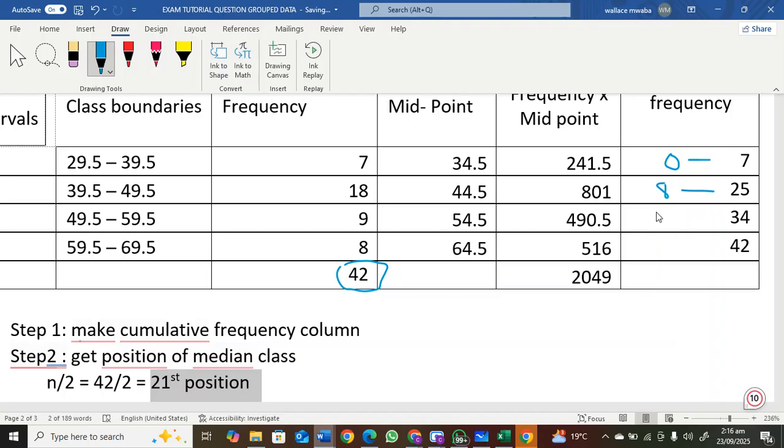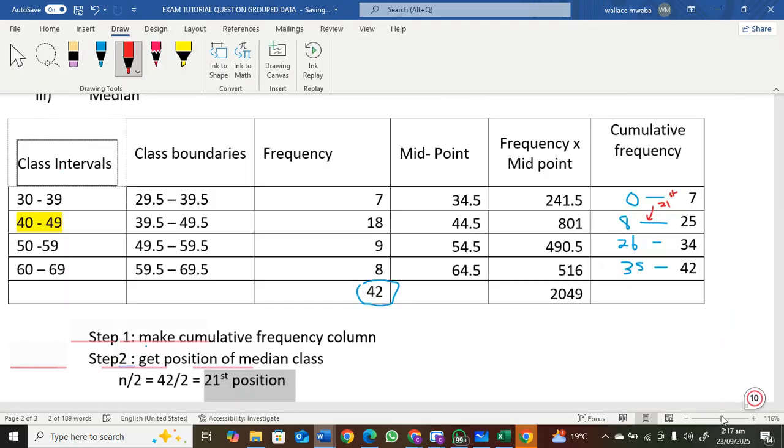Then our next class is from the 26th position to the 34th position. The next class is from the 35th position to the 42nd position. That's how you can think of it. And then you ask yourself, where can I find the 21st position? You can find the 21st position here.